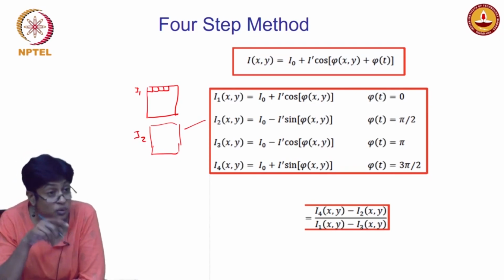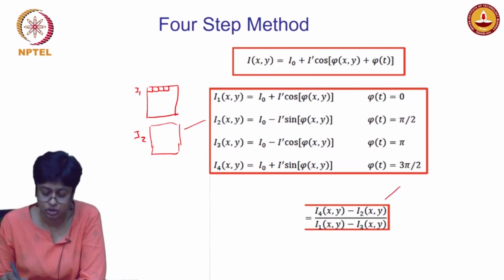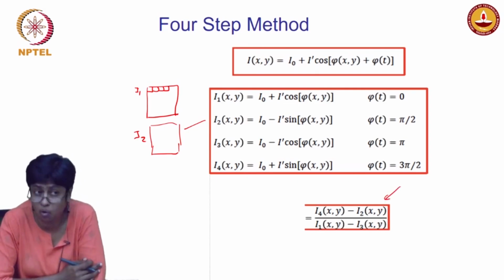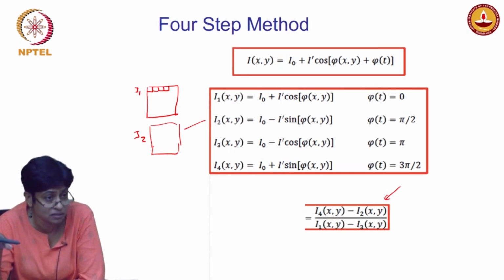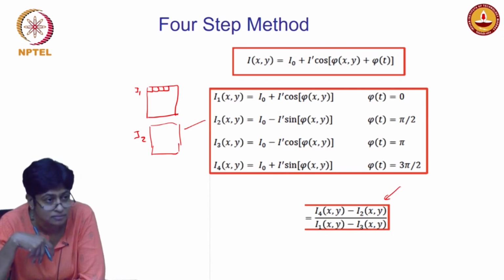Okay. So, if I carry out the operation shown here, in other words, all I am doing is simple pixel subtraction and then dividing it by another pixel subtraction, what does this give me? What does (I4 minus I2) by (I1 minus I3) give me? Do it quickly and tell me.